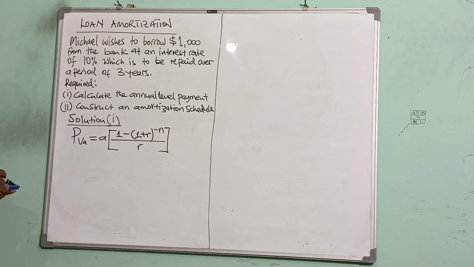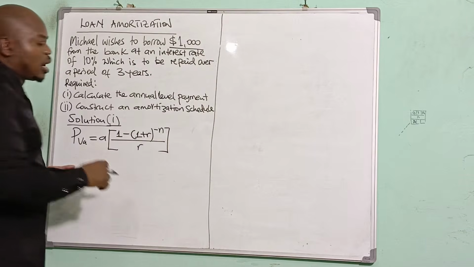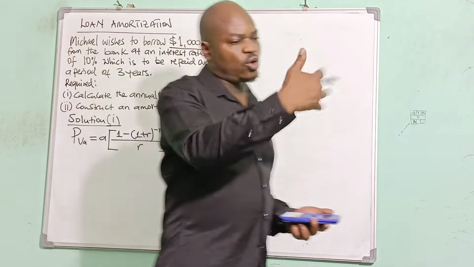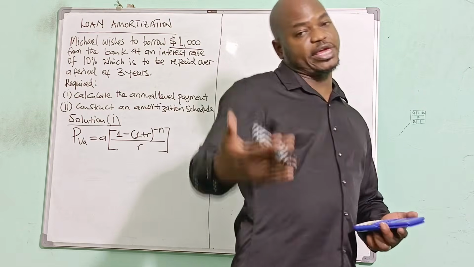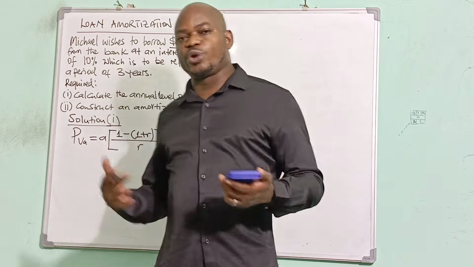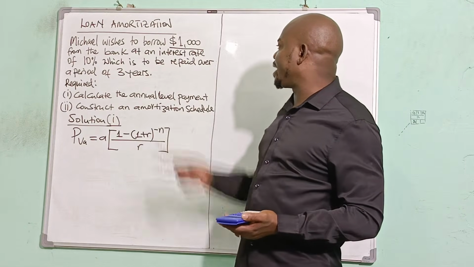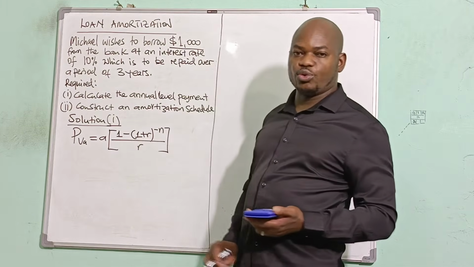we are repaid. Okay. So now, when does Michael wish to borrow? How does it happen? Do we start making payments towards the loan and then borrow later, or we borrow now and then we start making payments? Of course, we are borrowing now. So the amount that we are borrowing is what we are calling the present value annuity.